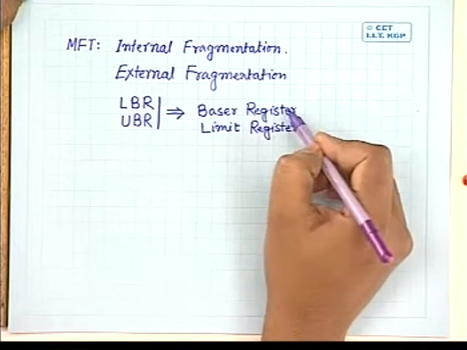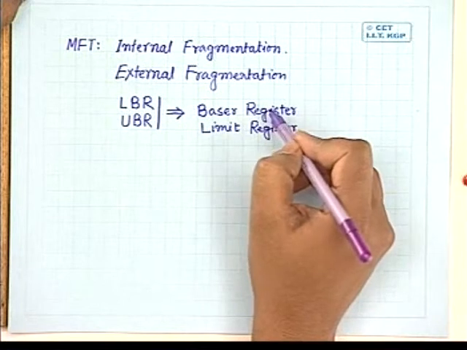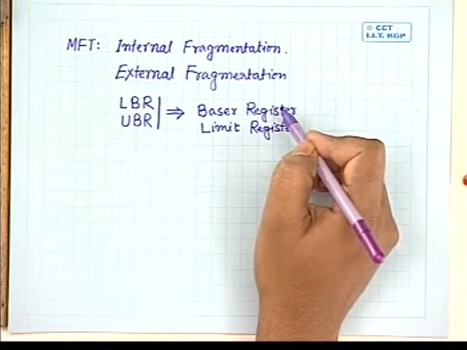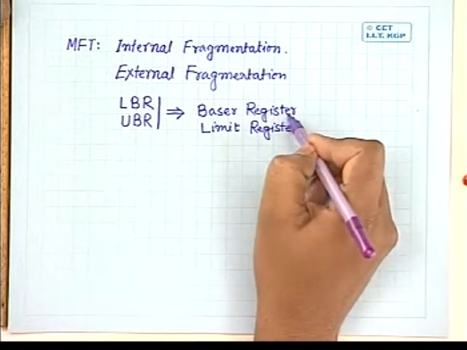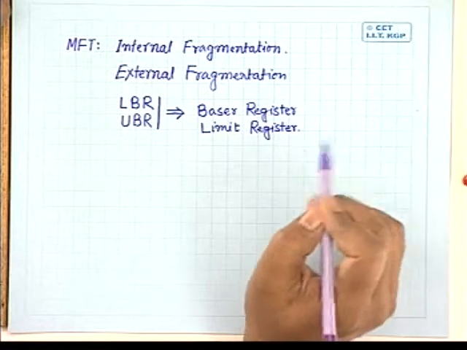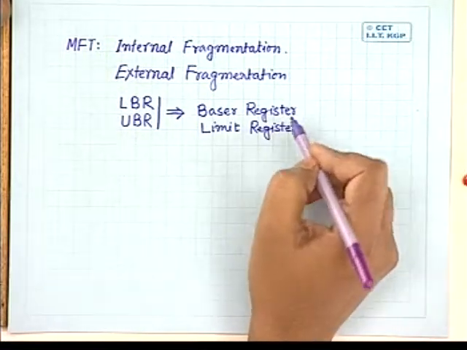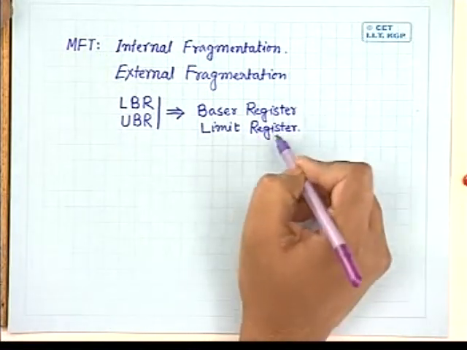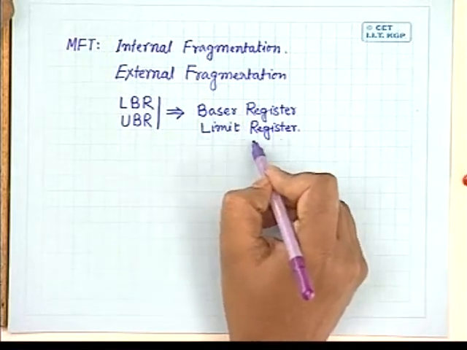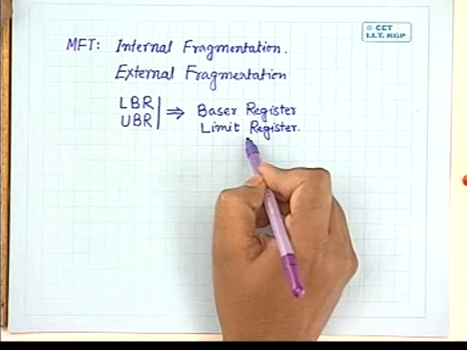Okay. So whenever the process generates any address, the address will be generated in the logical domain. The address is generated in the form of logical address, which is to be added to the base register content to give you the physical address within the memory, the location which will be accessed. Okay. And whenever the logical address is generated, we have to check whether the logical address exceeds the limit register content or not.